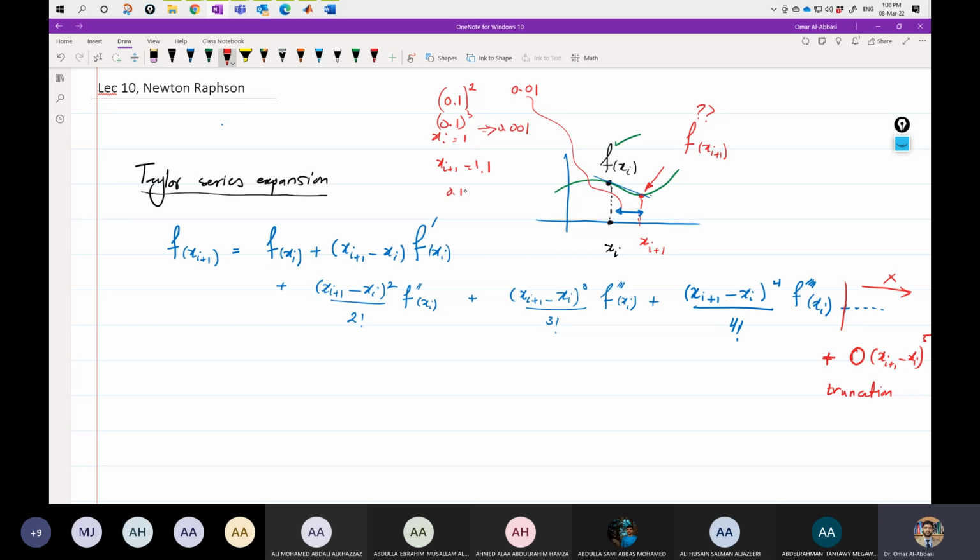Then 0.1 to the power 4 equals 0.0001, right? And as you are going in that direction, this term is getting smaller and smaller, which means its contribution is getting minute and minute.